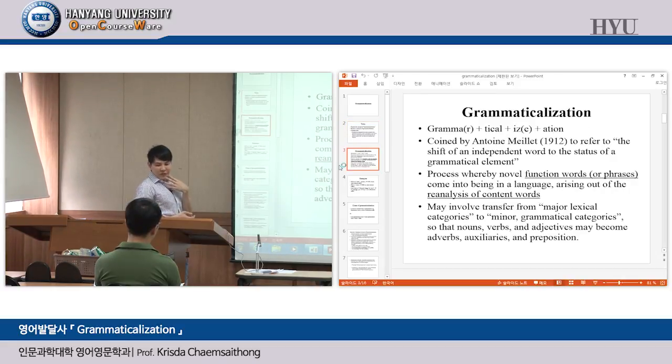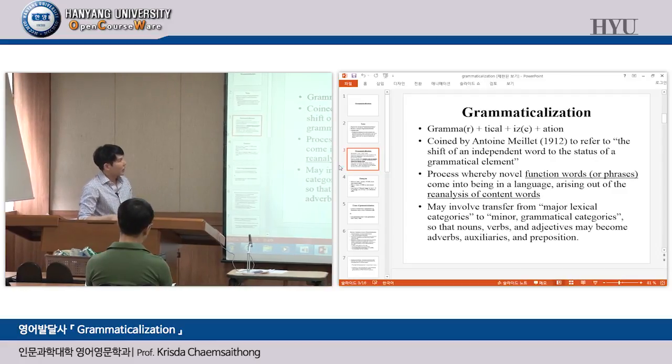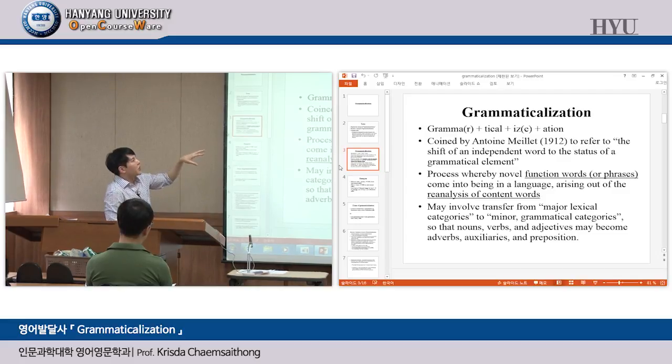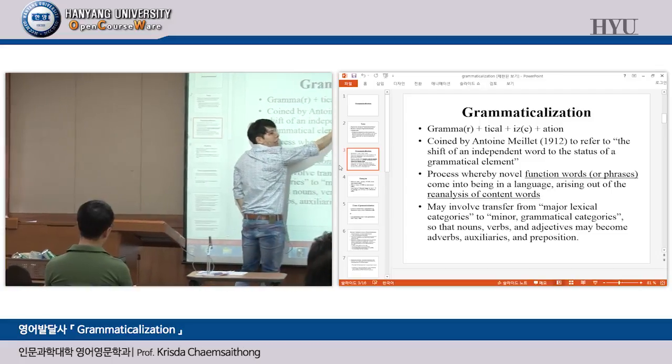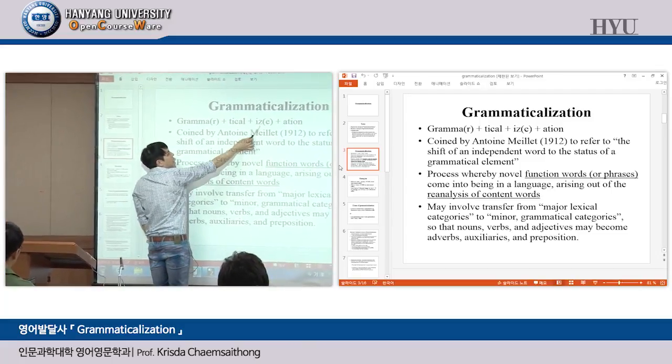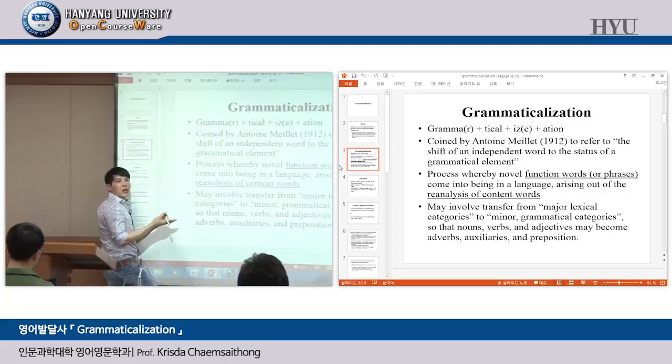So the definition first, what is grammaticalization? So grammaticalization comes from grammar plus ical plus ize plus ation, right? So this has to do with ize is to make, right? To make something into grammar, right?